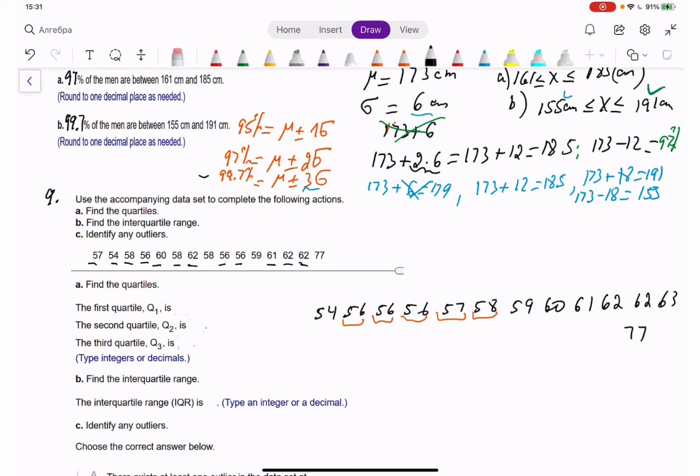Okay, how many do we have in total? 1 through 13. Is this what we have? 1 through 15. Huh?